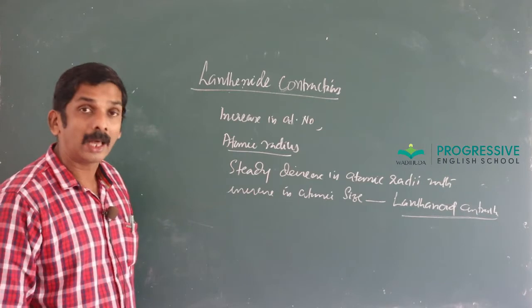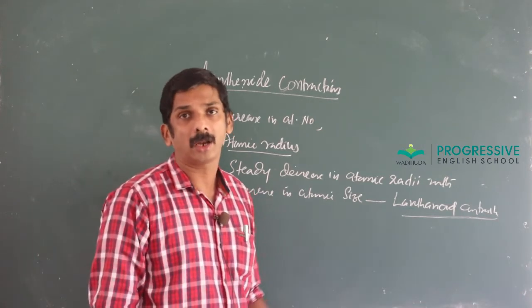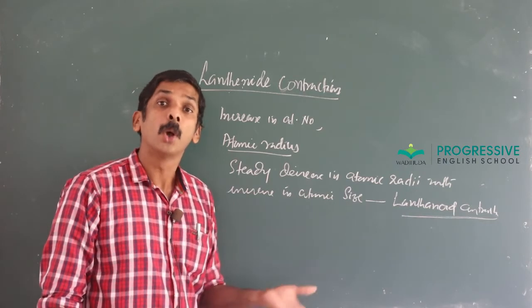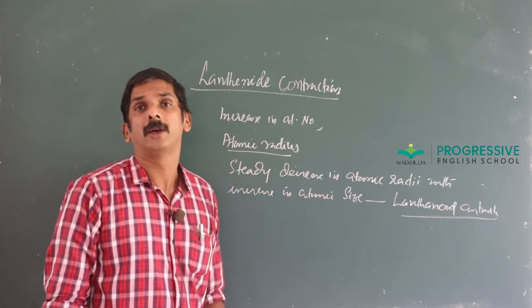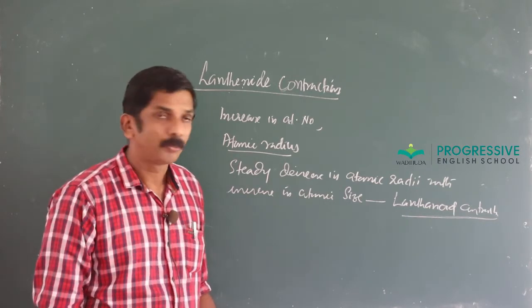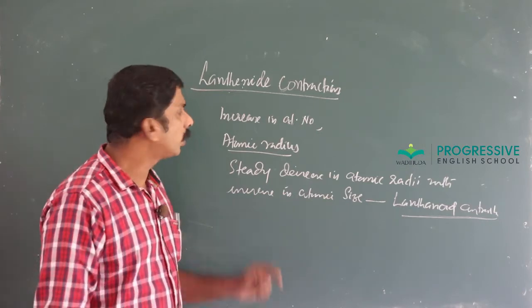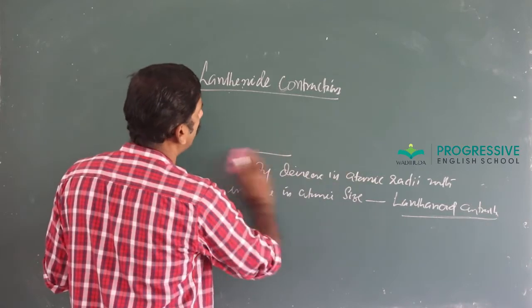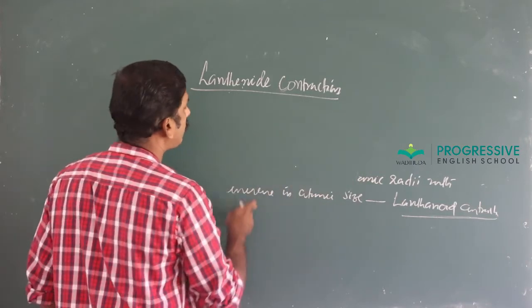You know, in lanthanides, 4f electrons are involved. The 4f electron has a poorer shielding effect than the d electron, so the outermost electron is strongly attracted by the nucleus.